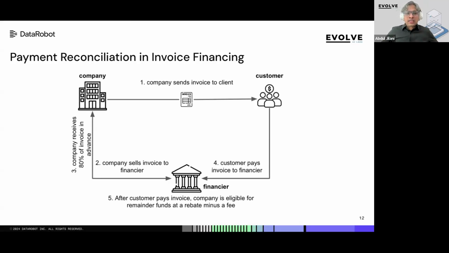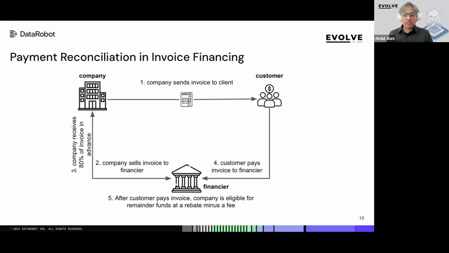So imagine a company like Evolve AI, which is a partner for DataRobot. And DataRobot, as a large global organization, has hundreds of such partners across the globe. So every first of the month, Evolve would send an invoice to DataRobot.